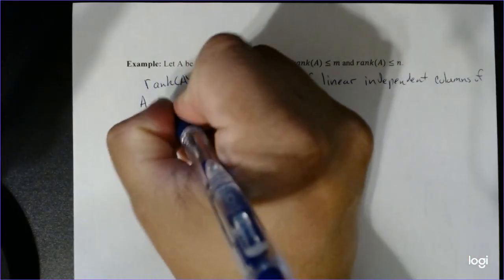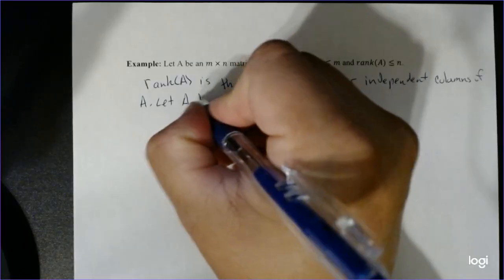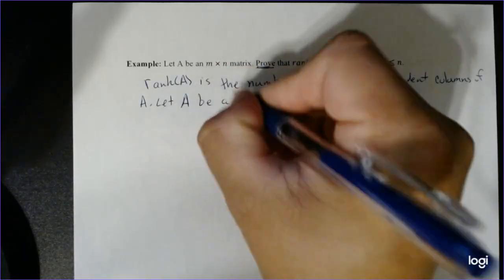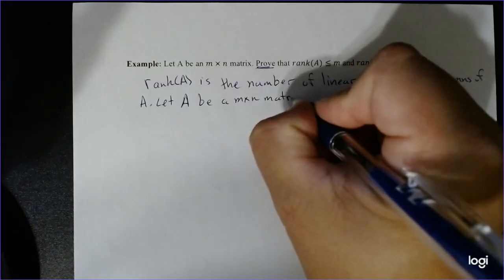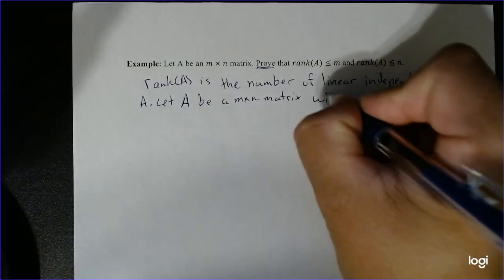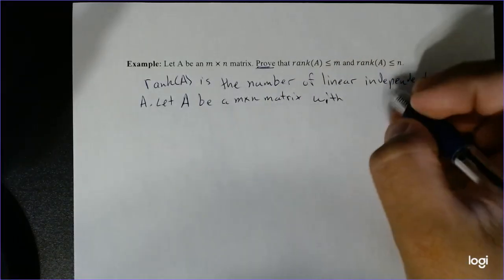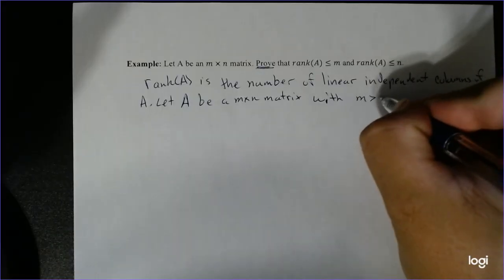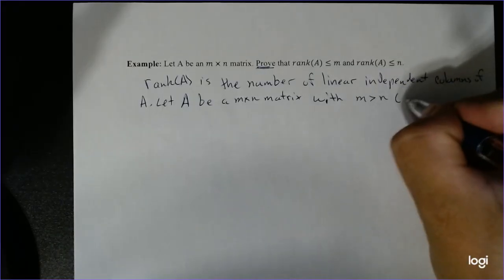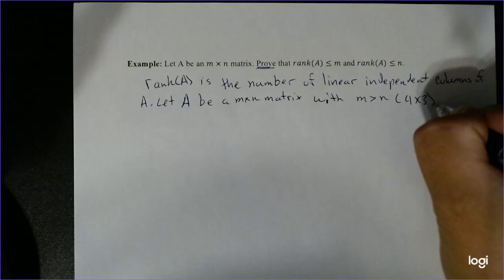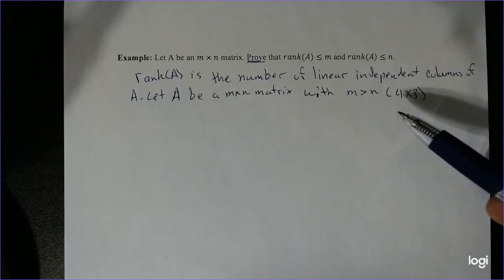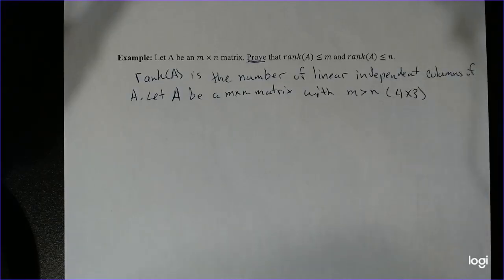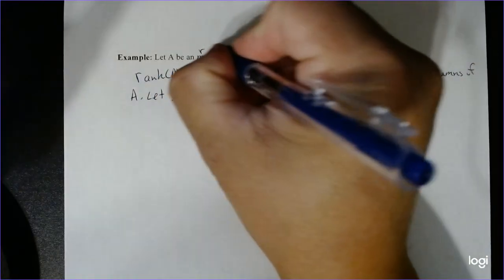So what we're going to do is let A be again an m by n matrix with a little condition that m is strictly greater than n. So for example, 4 by 3. So the number of rows is greater than the number of columns, right? Because we have row by column.